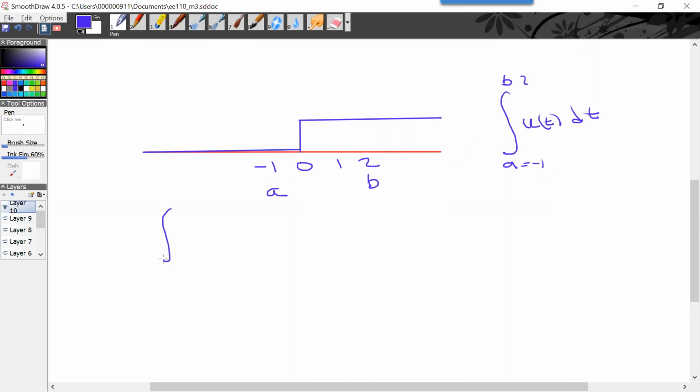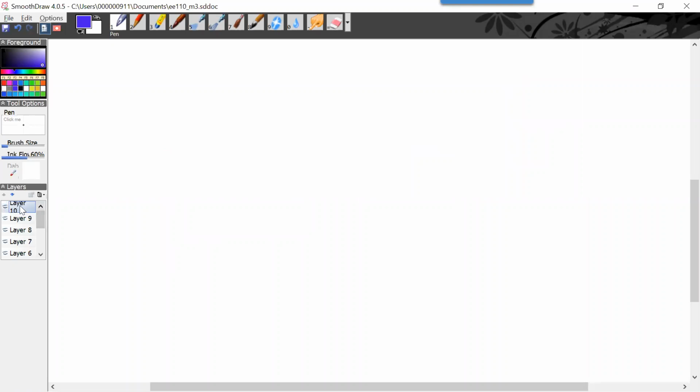We have to break that up because the function is discontinuous. Now, let's integrate RT.